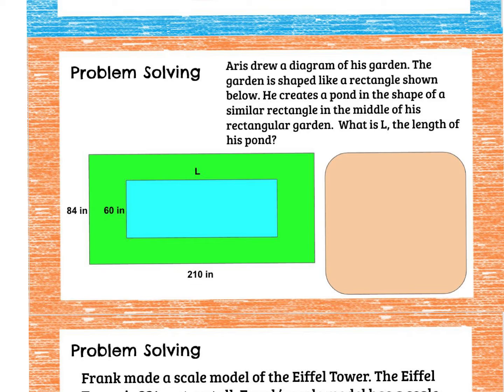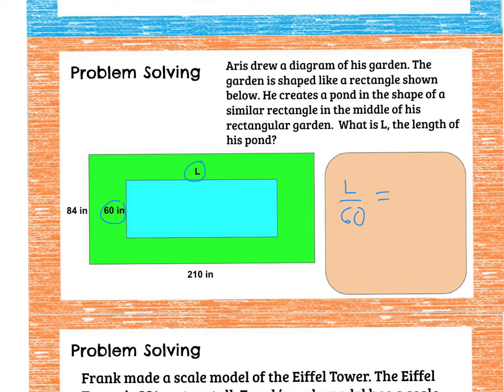So we have this one is L. And L is the length, right? And then for the pond, we have 60 for the width. So we have L over 60.